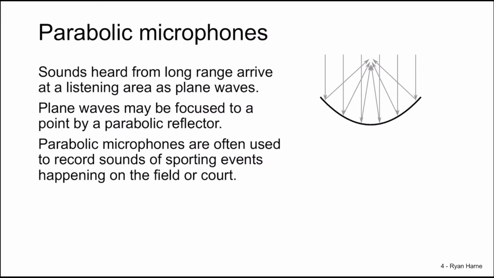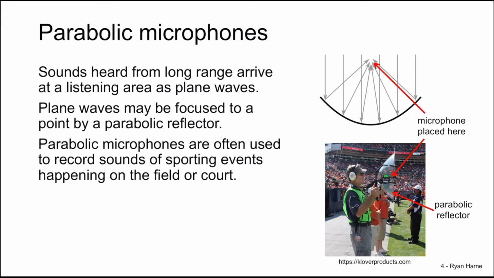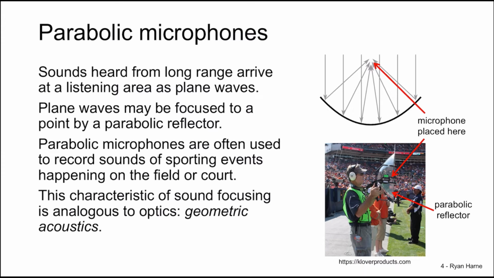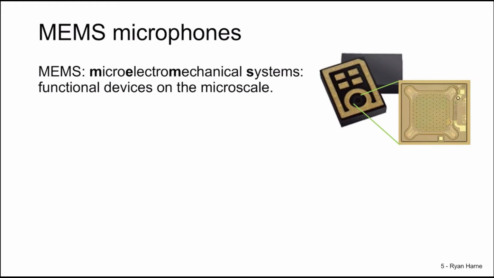So a parabola focuses those acoustic plane waves to a point, and then the microphone is placed at the center of the parabola. This characteristic of sound is analogous to optics. We'll learn more about this principle of geometric acoustics, but this is the first time we see evidence of it.